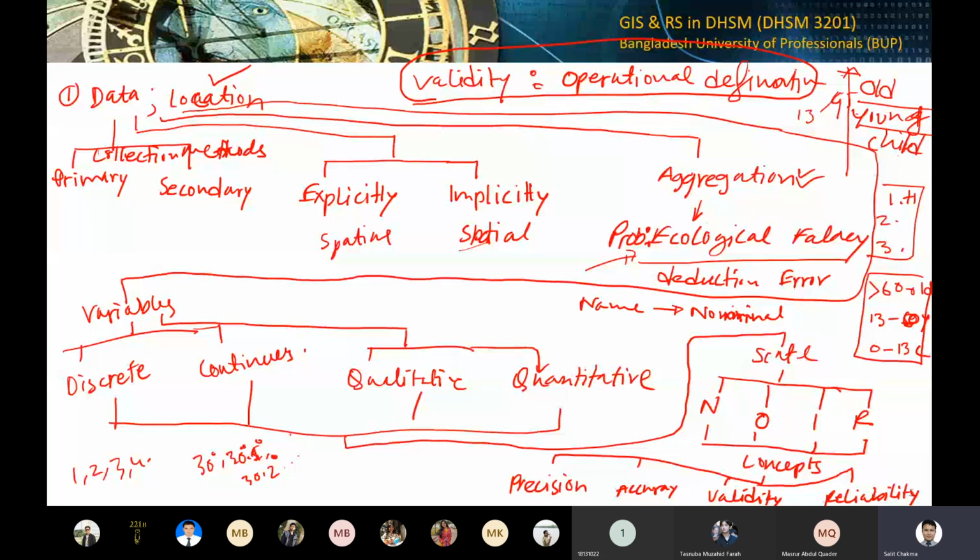So if it's 0 degrees Celsius, then we're supposed to think that there is no temperature, no heat. That's why it's 0. But in reality, there is actually heat. It's not really 0. So that is called interval. It only considers the interval between the values: minus 25 to minus 24, minus 24 to minus 23, minus 23 to 0.